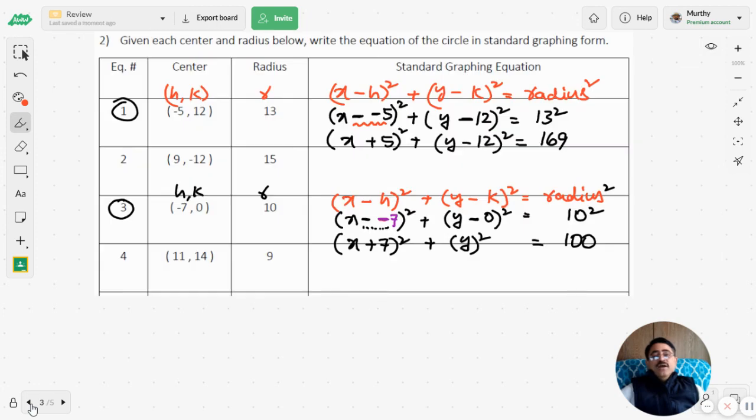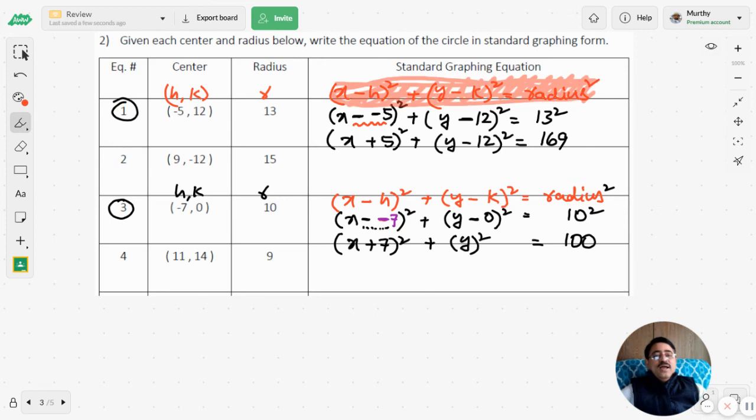And next, if the center and radius are given, please write the formula, which is (x minus h) square plus (y minus k) square equals radius square, and then just plug in the values.